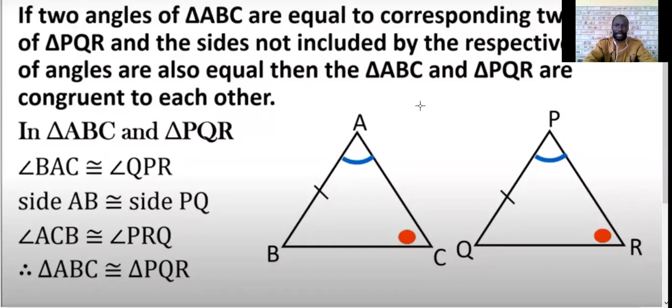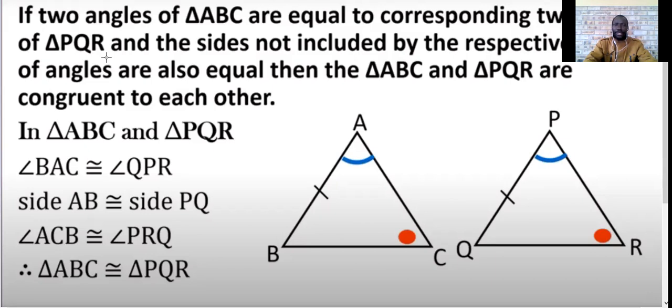Now, one thing we notice here in the full statement is that if two angles of triangle ABC are equal to the corresponding two angles of triangle PQR, then the sides not included by the respective pairs of the angles are also equal, then the two triangles are congruent.